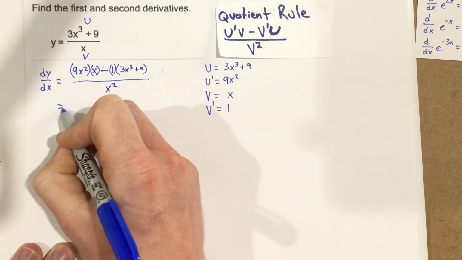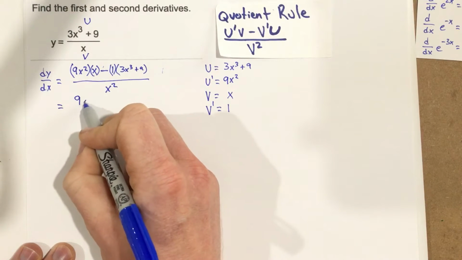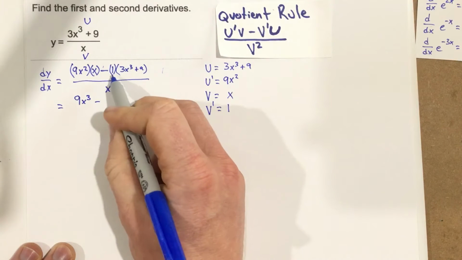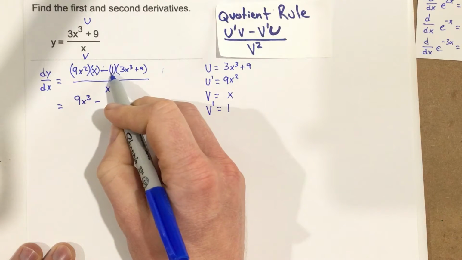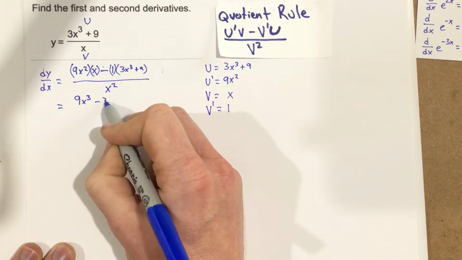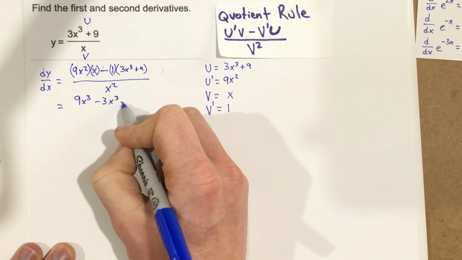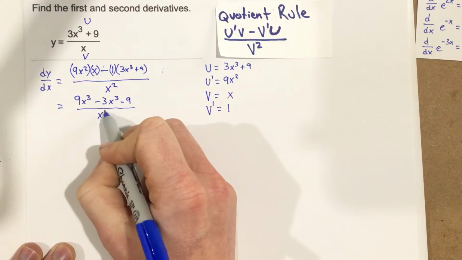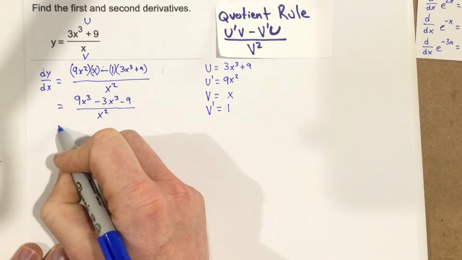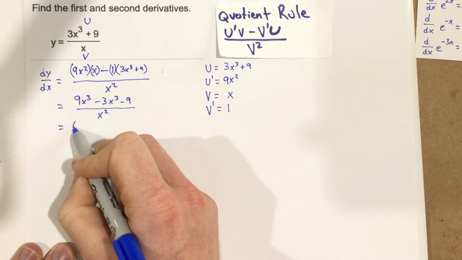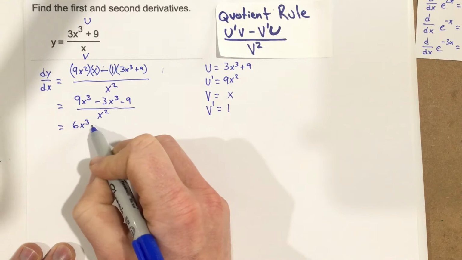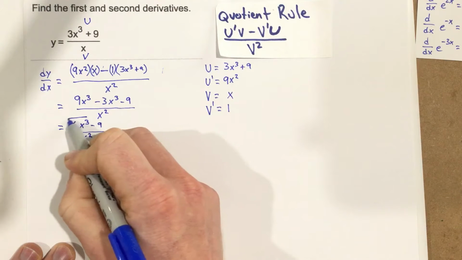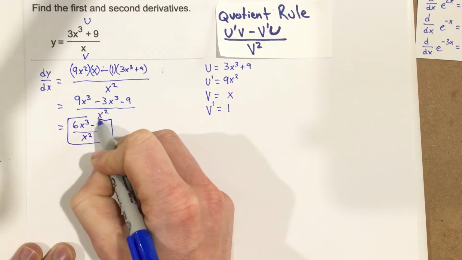Let's do some simplifying here. This is 9x cubed minus, when I distribute this, technically I'm distributing a negative 1, so that's minus 3x cubed minus 9 all over x squared. So I end up with 6x cubed minus 9 over x squared.